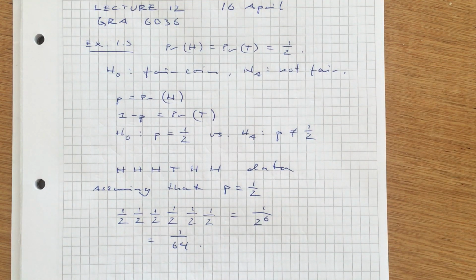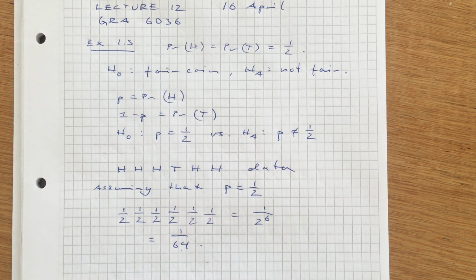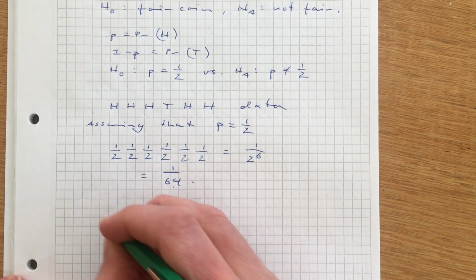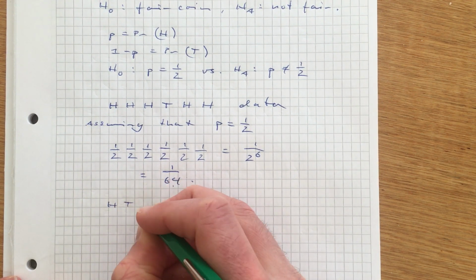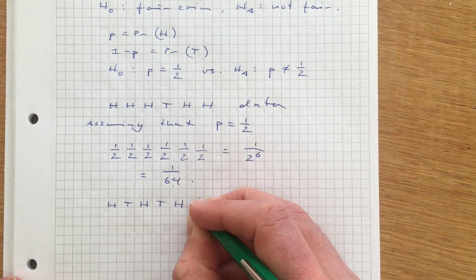Because assuming that the null hypothesis is true, any sequence of 6 tosses has this probability. So let's look at one other sequence that would not be surprising under the null hypothesis, namely the sequence heads, tails, heads, tails, heads, tails.